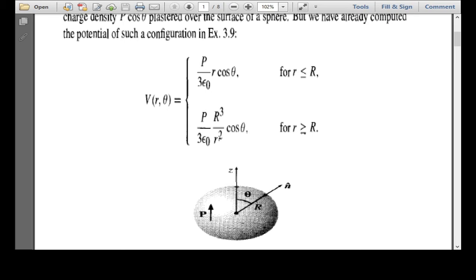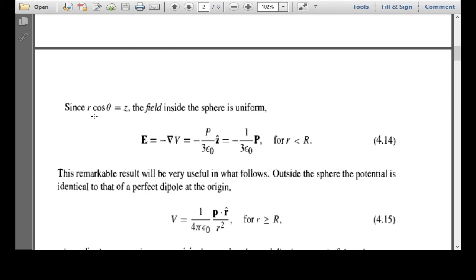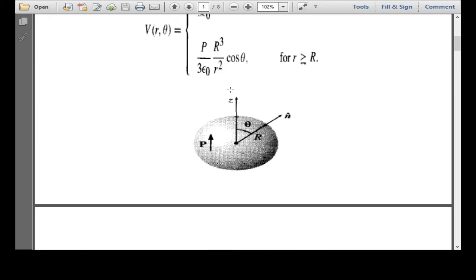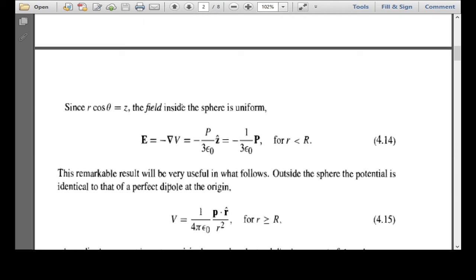So these are the values of the potential for a uniformly polarized sphere. Since r cos theta is equal to z, from the definition of cos theta, the field inside the sphere is uniform.